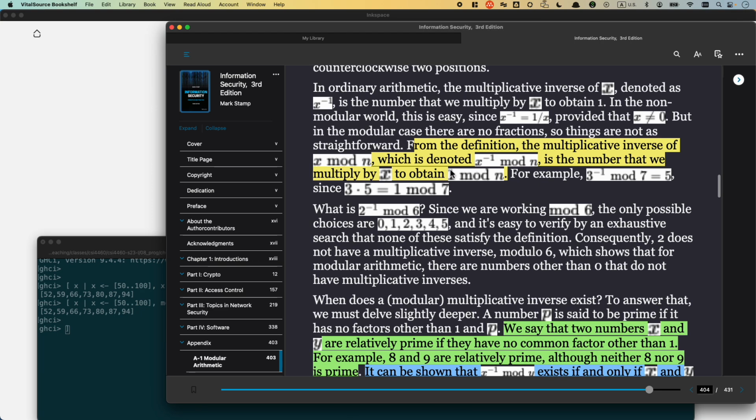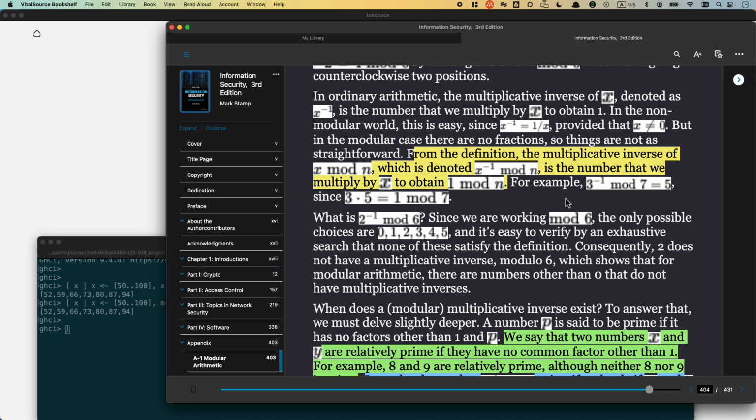It says that the multiplicative inverse of 3 mod 7 is 3^-1 mod 7, but this whole number represents something as a whole. Because this is what we're trying to find, to multiply against 3. So let's figure this out, because we don't know what this number is.